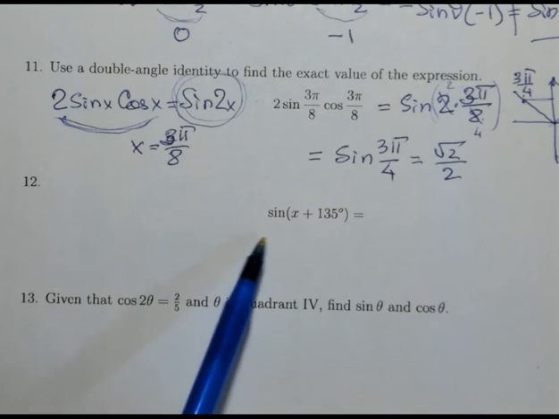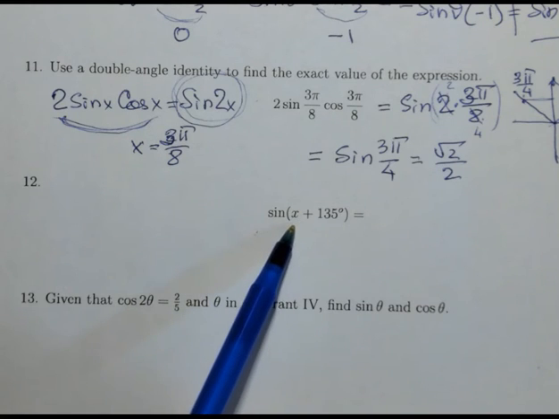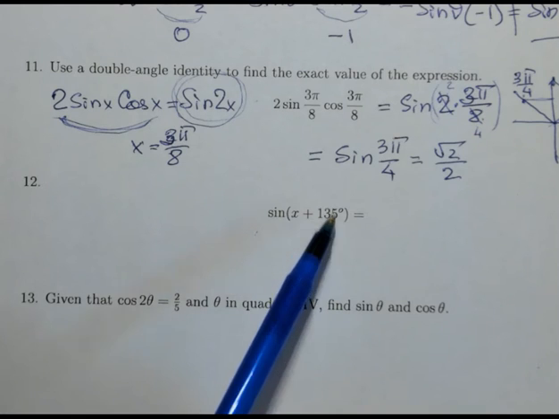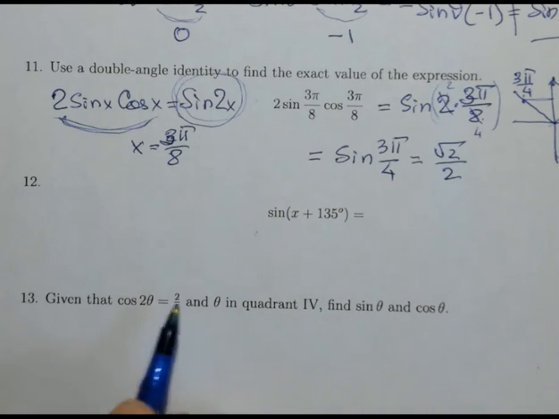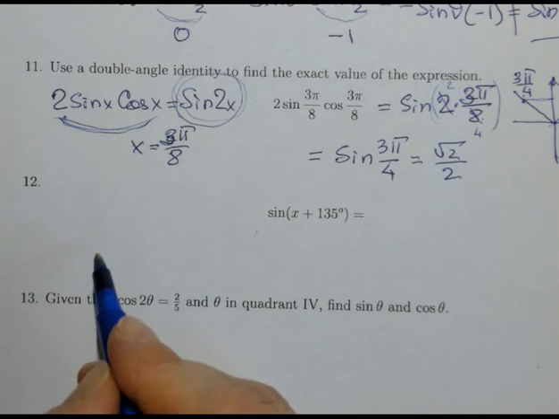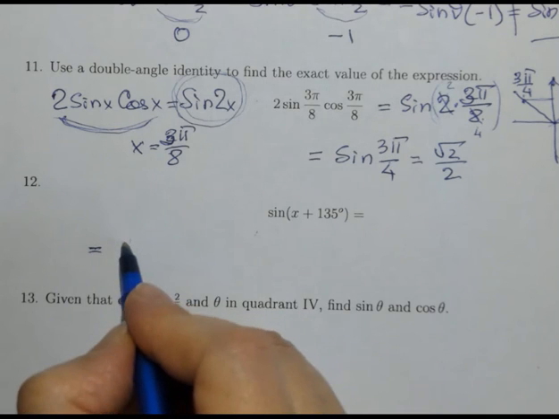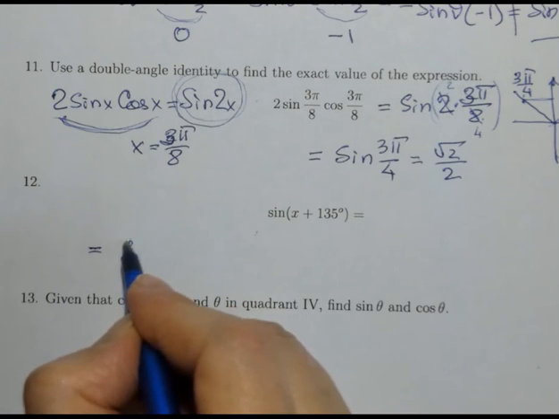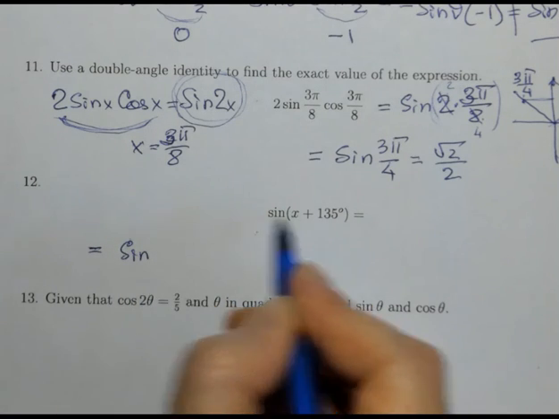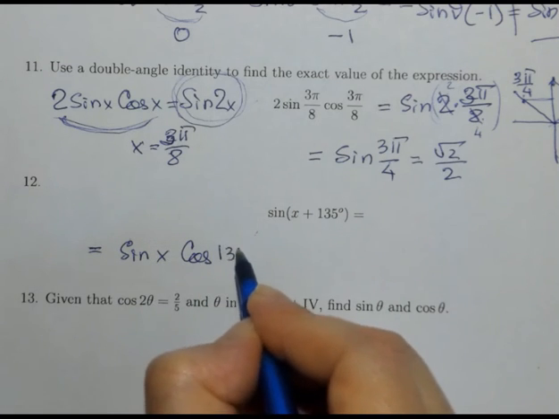Another example of applying the sine sum identity. Here also one angle is unknown, another angle is one special angle. Let us find sine of x plus 135. It will be equal to sine of the first, sine of x, times cosine of the second, cosine of 135.